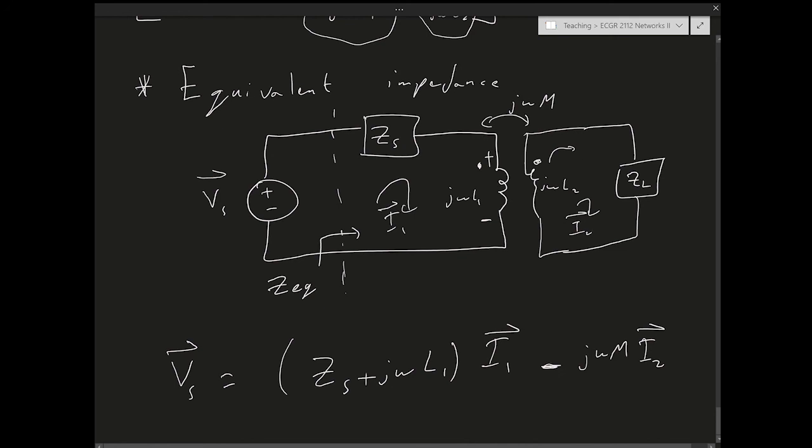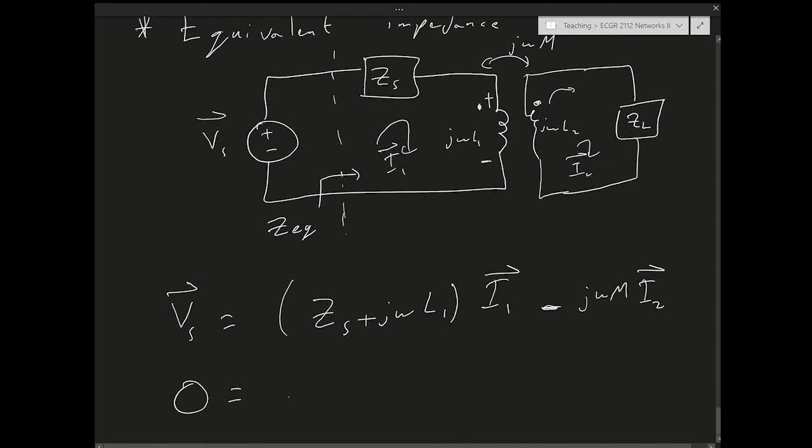Okay, loop number 2, 0 equals. So let's start with the mutual term. The mutual term is a function of I1, so it's going to be j omega M I1. That's I1 imposing itself on coil 2.